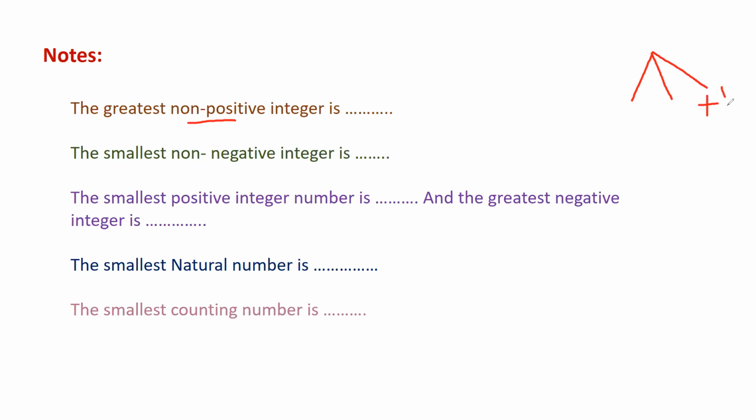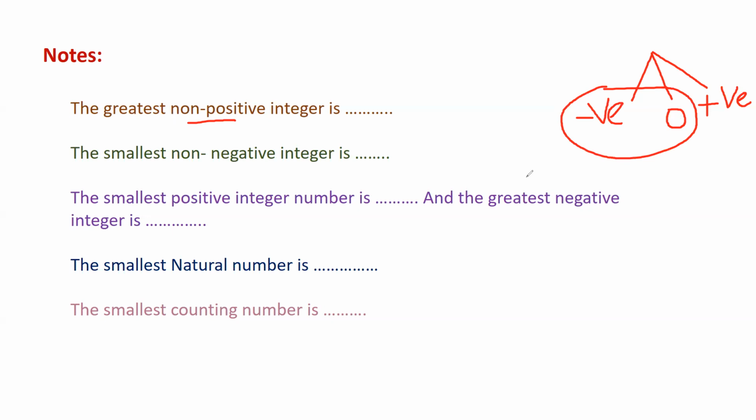It may be positive or negative or 0, because the 0 is neither positive nor negative. It's not positive and it's not negative. Now he is asking about non-positive, so it will be one of them, negative or 0.